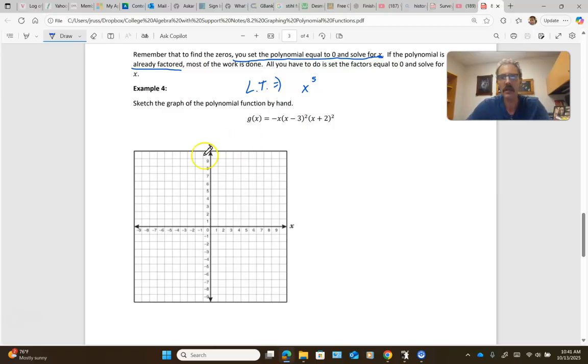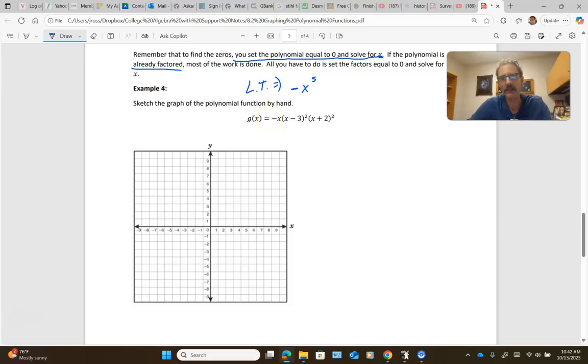If you were to multiply all these together, you'd probably have an x to the 4th, an x to the 3rd, etc. We don't care about those for the end behavior. And then finally, guys, this negative would make that leading term a negative x to the 5th.